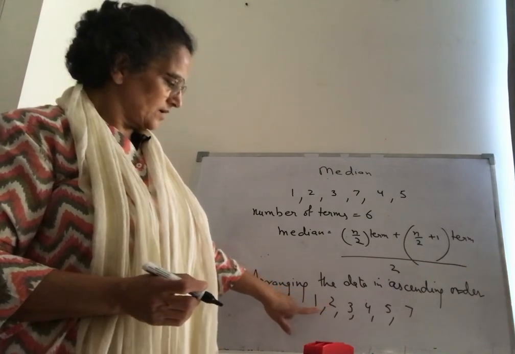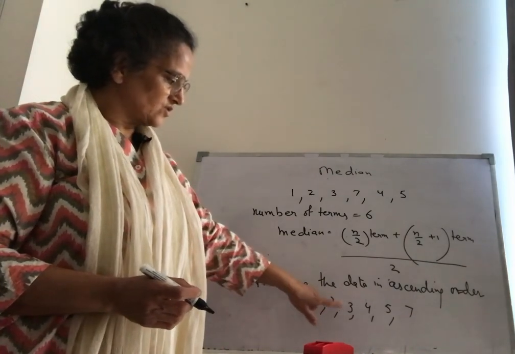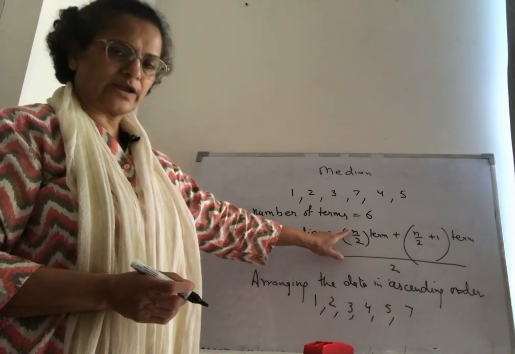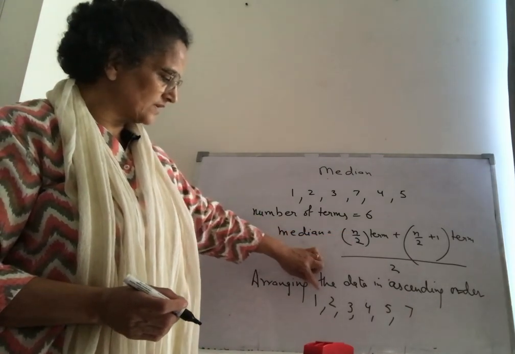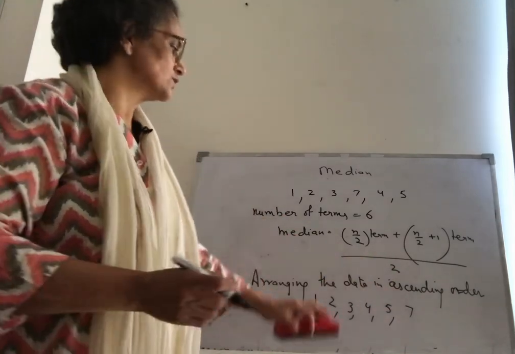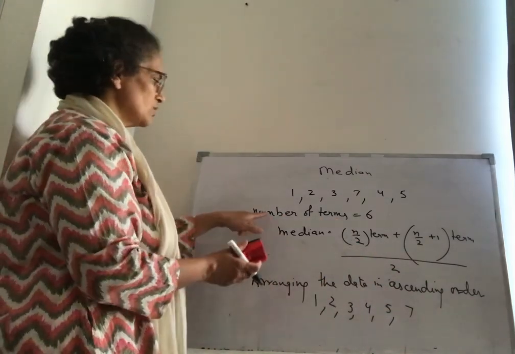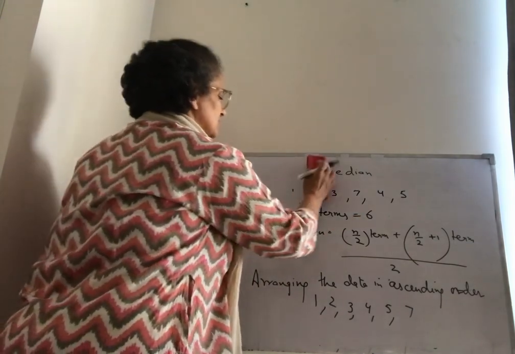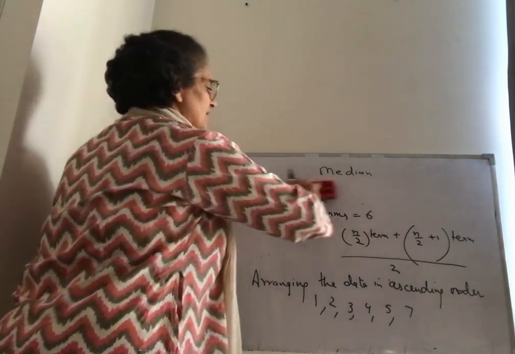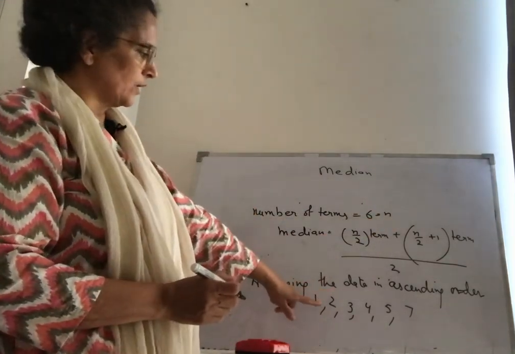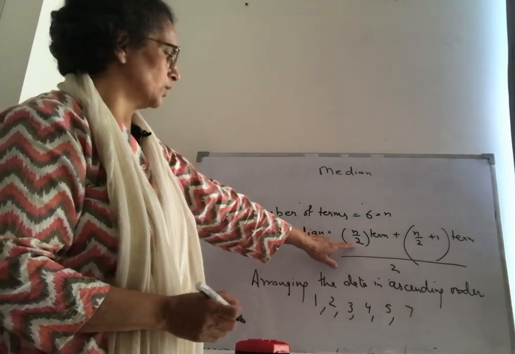After arranging I have to find n by 2. What is n? Counting 1, 2, 3, 4, 5, 6, this is my n from the data. Now let's check n by 2.